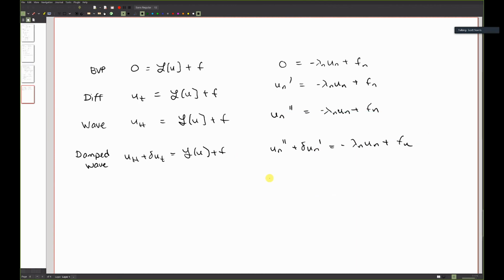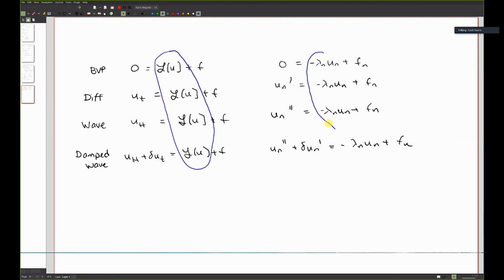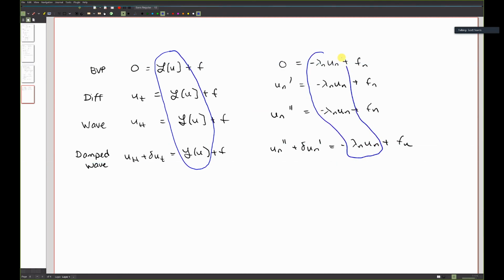So all of these problems have this spatial operator that gets transformed into multiplication by a constant. And that's why we do this approach. We will spend, like I said, Unit 6 on a more highly specialized approach for a specialized subset of these equations. But this set of tools right here, we're basically done with at this point.